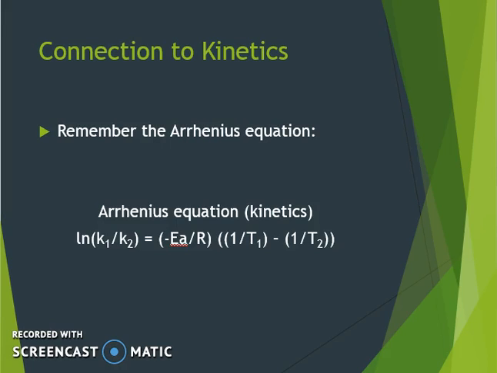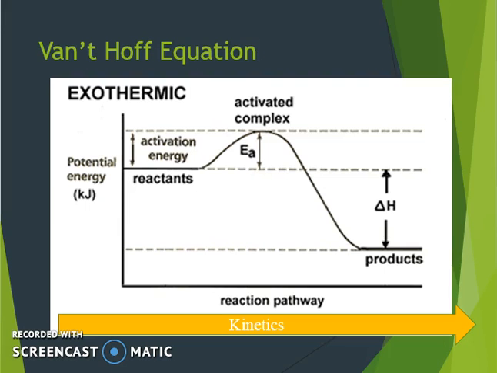Now that works for kinetics, but there's something you need to keep in mind, and potential energy diagrams will help you understand the difference between the kinetics equation versus the equilibrium style equation. In a potential energy diagram, you need to remember that most kinetics experiments are really only a one-way, single direction pathway, where you only ever start with reactants and you go to products.